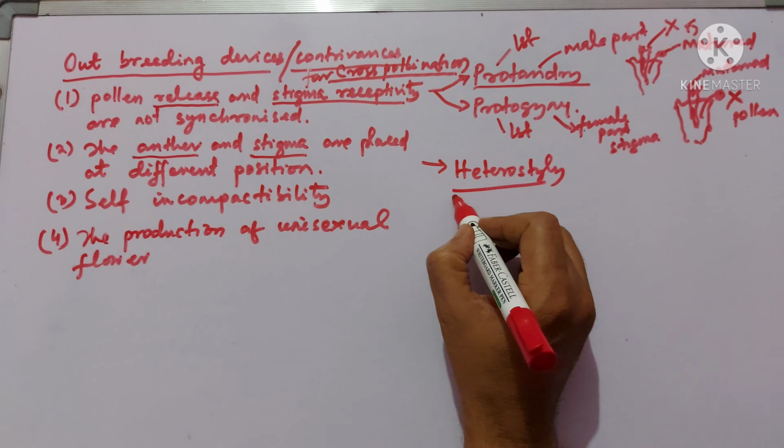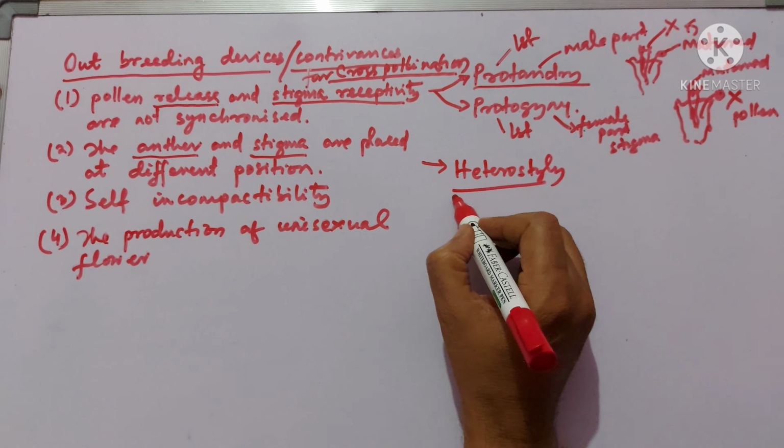That means the filament is long, and the anther is extruded. Extruded means they are directed towards outside, and when pollen release or dehiscence happens, they will be away from the stigma.